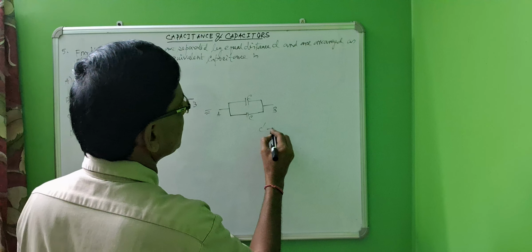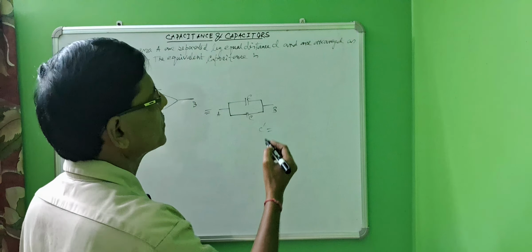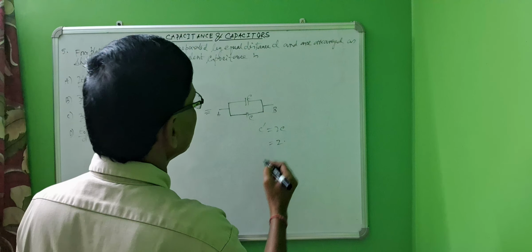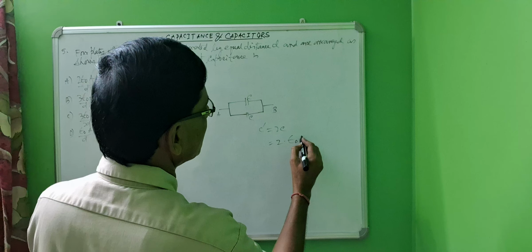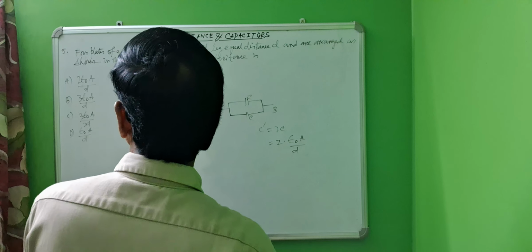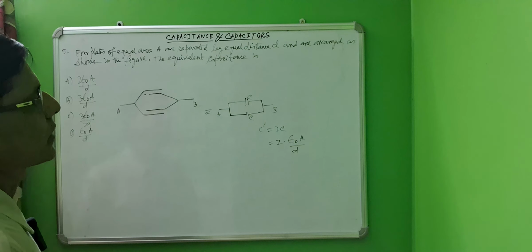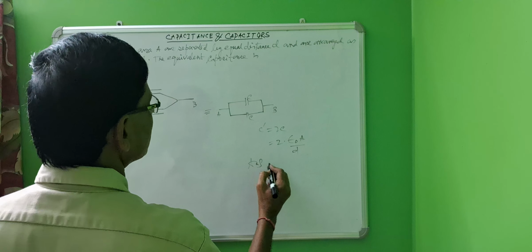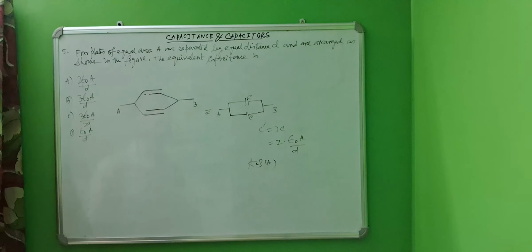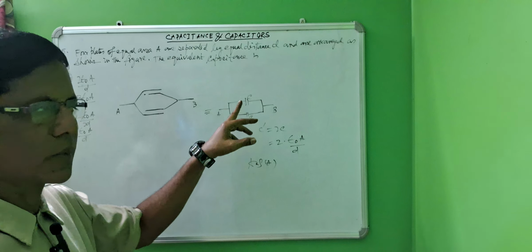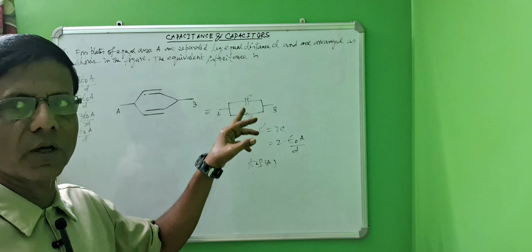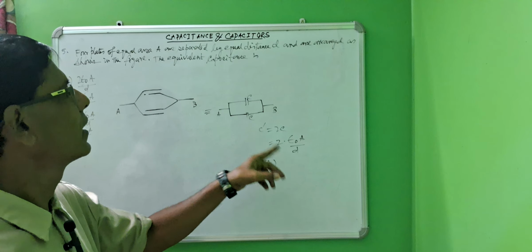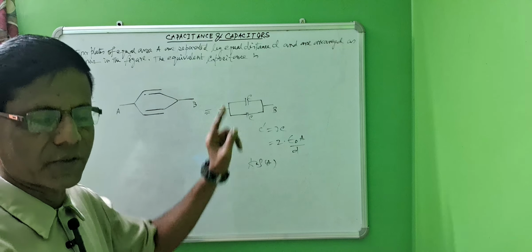So the equivalent capacitance is twice C. Now what is C? C is epsilon 0 A upon D. So the answer is A. Where epsilon 0 is the permittivity of free space in between the capacitor, A is the area of each plate, and D is the distance between the two plates.